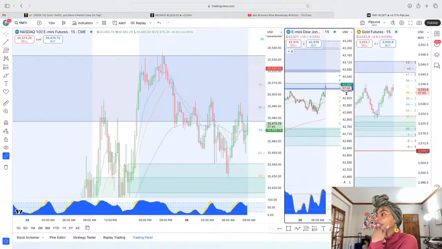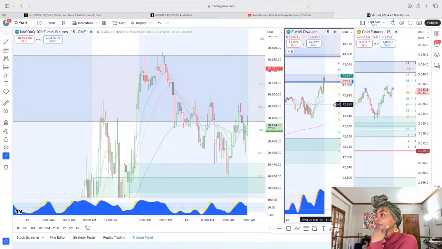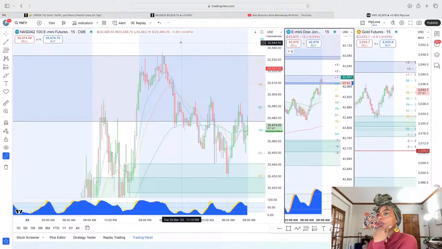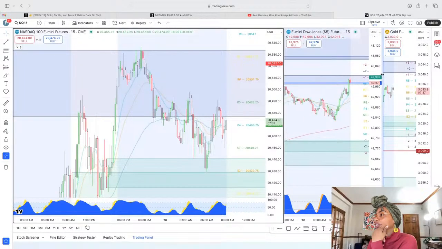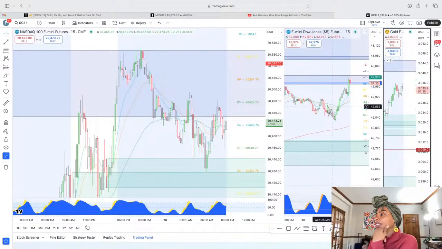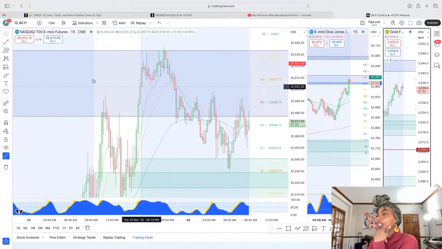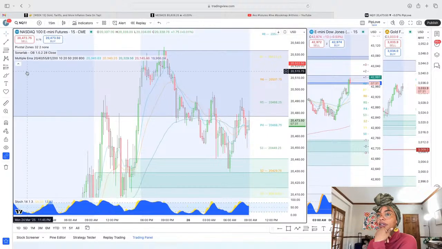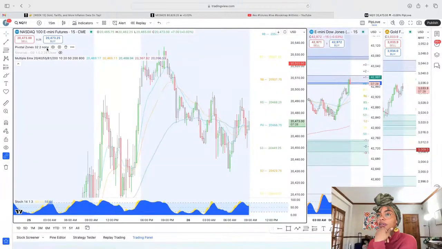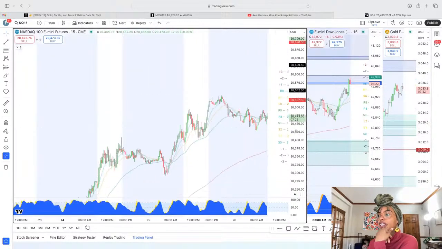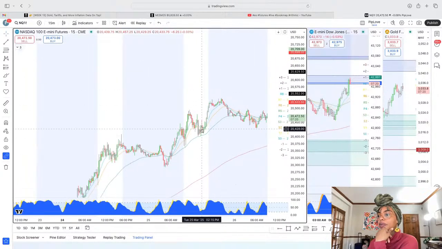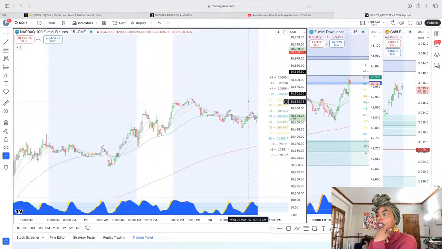It's just another visual tool to help keep us focused in the market. Okay, so let's move these over to the side and take a look at our chart. I have it broken up into sessions; these lines represent the sessions.